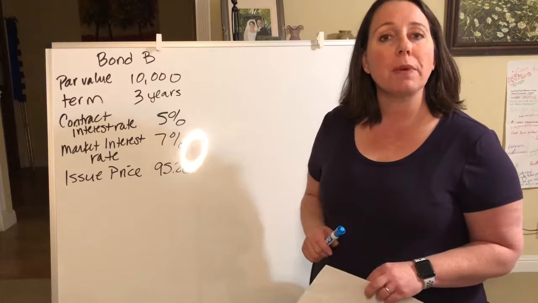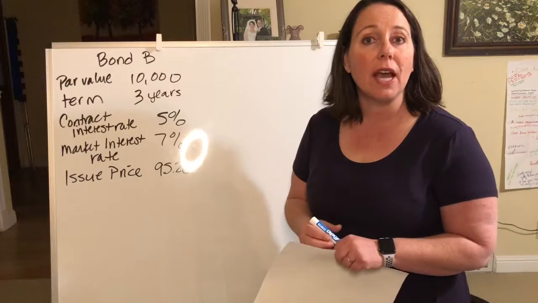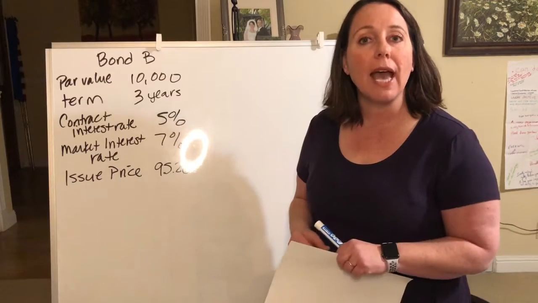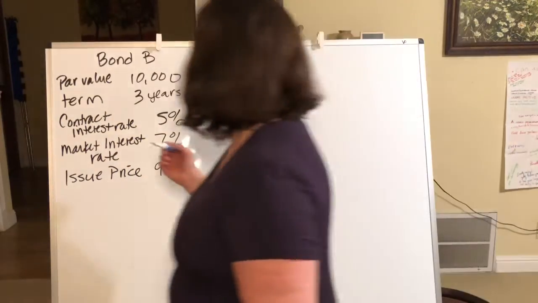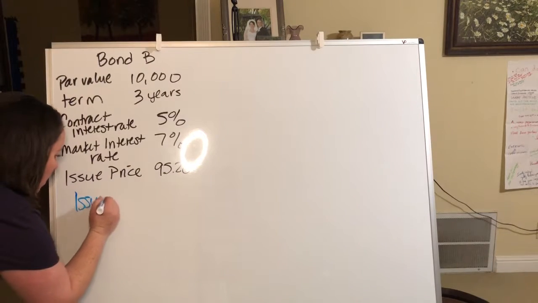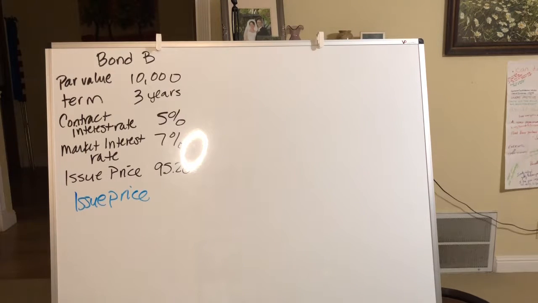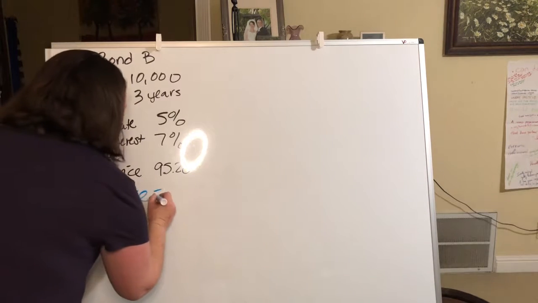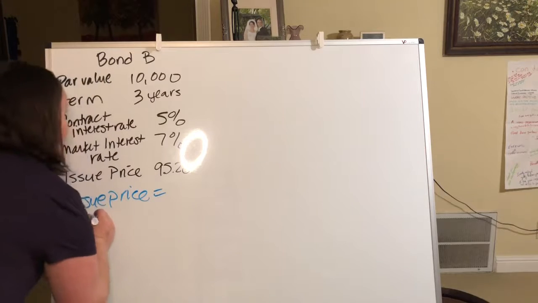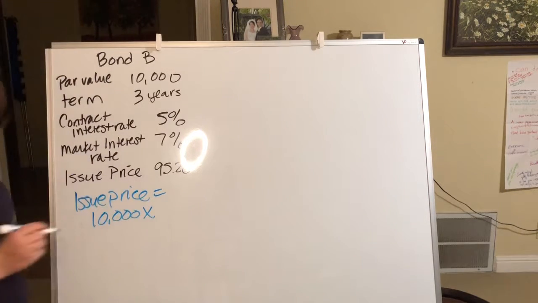So before I start with my journal entries, I'm going to go ahead and calculate a couple things. The first thing I'm going to look at is my issue price. So my issue price is going to equal par value, which is $10,000, times my issue price written as a percentage.